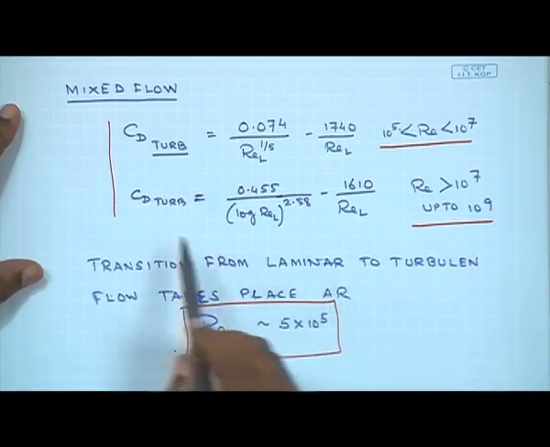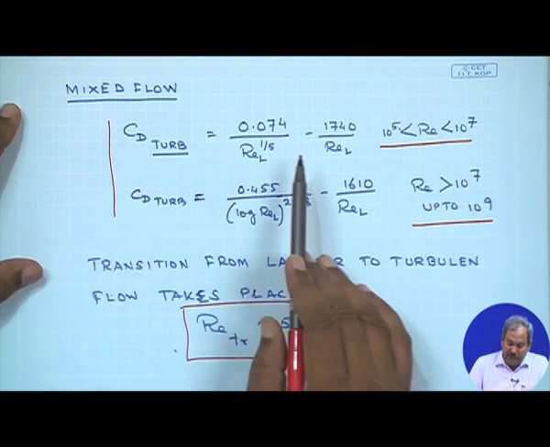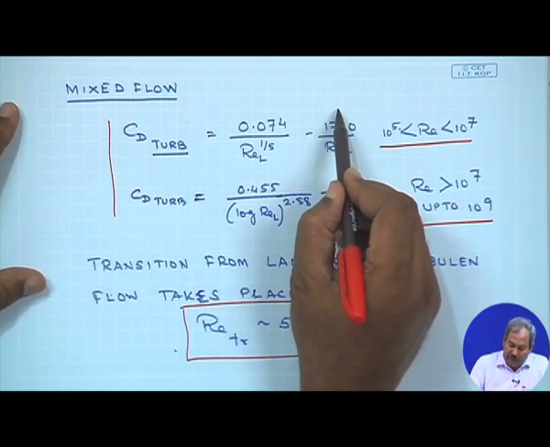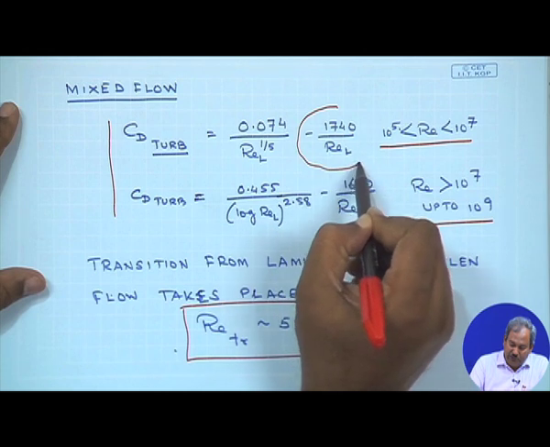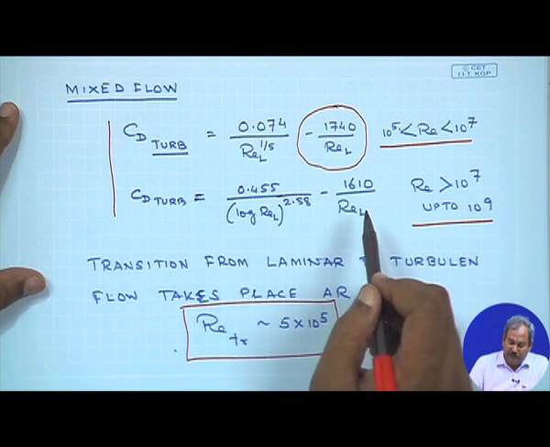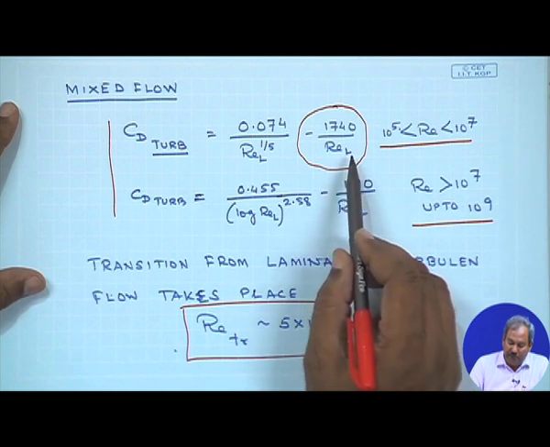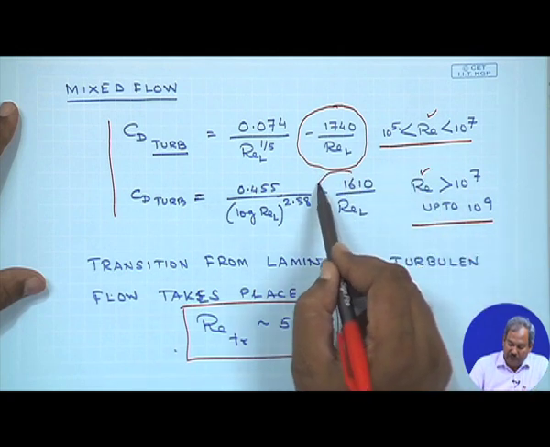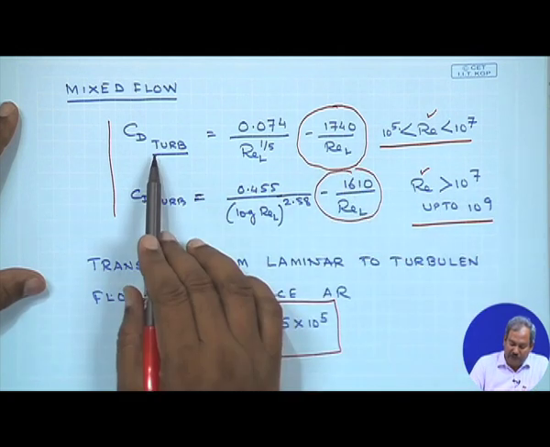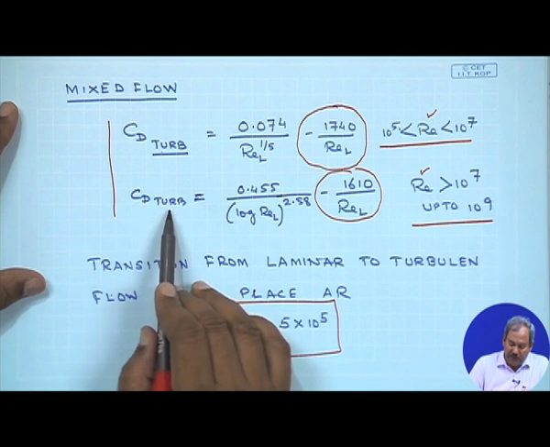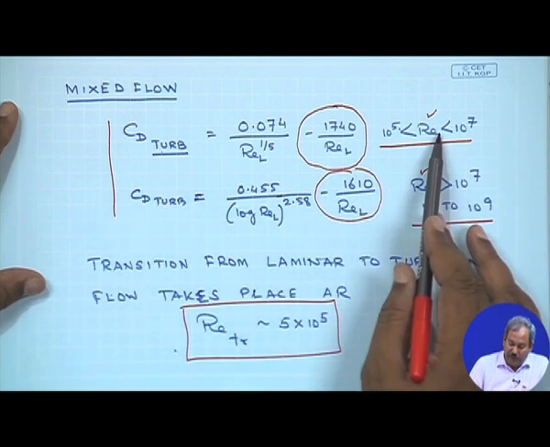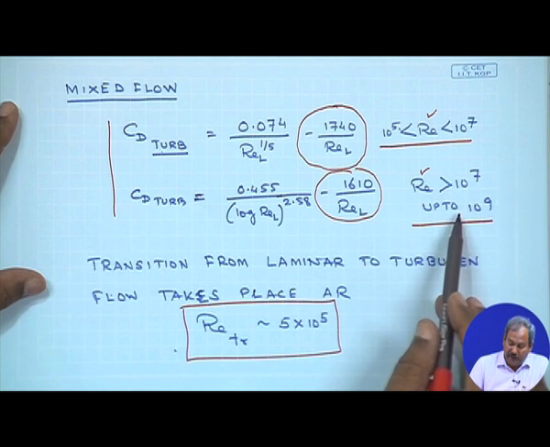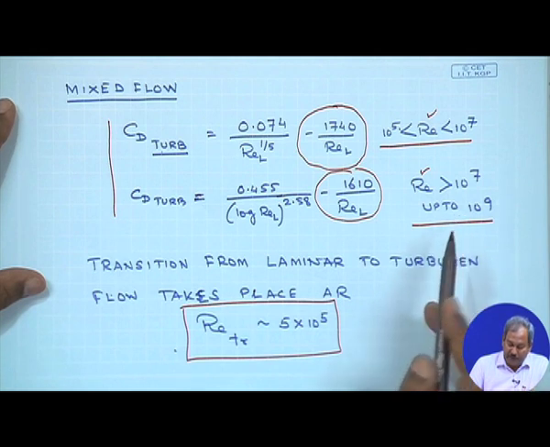So coming back to the formula once again, the CD turbulence, when you incorporate the correction due to the mixed flow, due to the presence of a laminar boundary layer before the turbulence sets in, for two different ranges of Reynolds number, these are the expressions for CD in turbulent flow when the Reynolds number is less than 10 to the power 7 and when it's greater than 10 to the power 7.